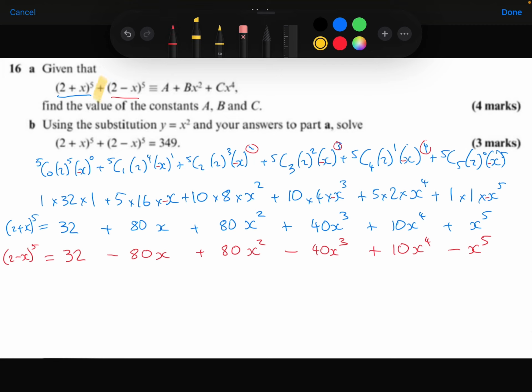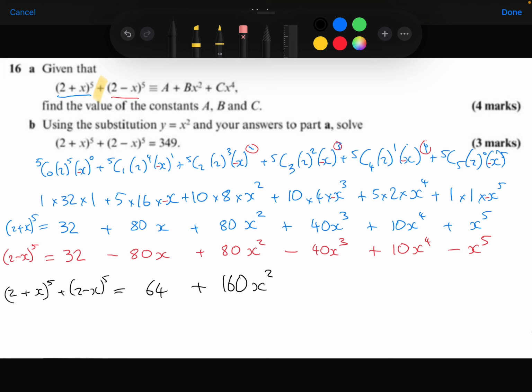I then need to add my two answers together. So (2 + x)^5 + (2 - x)^5 will be 32 plus 32 is 64. The 80x and the minus 80x cancel out. The 80x squared plus 80x squared is 160x squared.